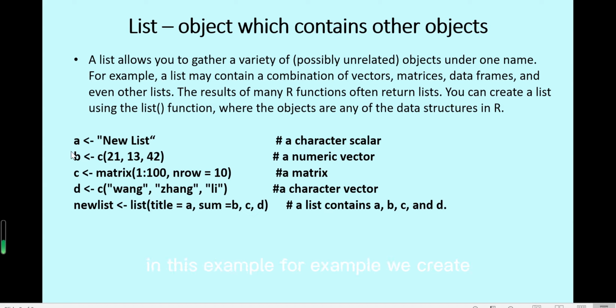In this example, we create three vectors, two vectors with one scalar and one matrix. So we use the list function to combine these objects together into one object. This is a list.